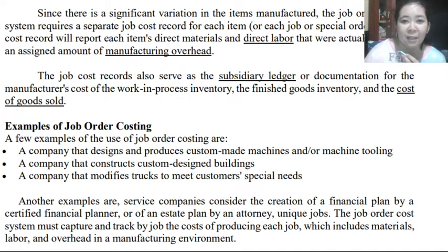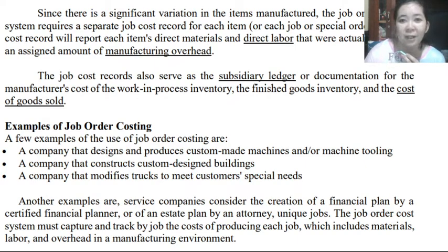Another example is a company that modifies trucks to meet customers' special needs, meaning this is creating a design for an automobile based on the specification of the customer on what he wants his automobile to look like or to function.